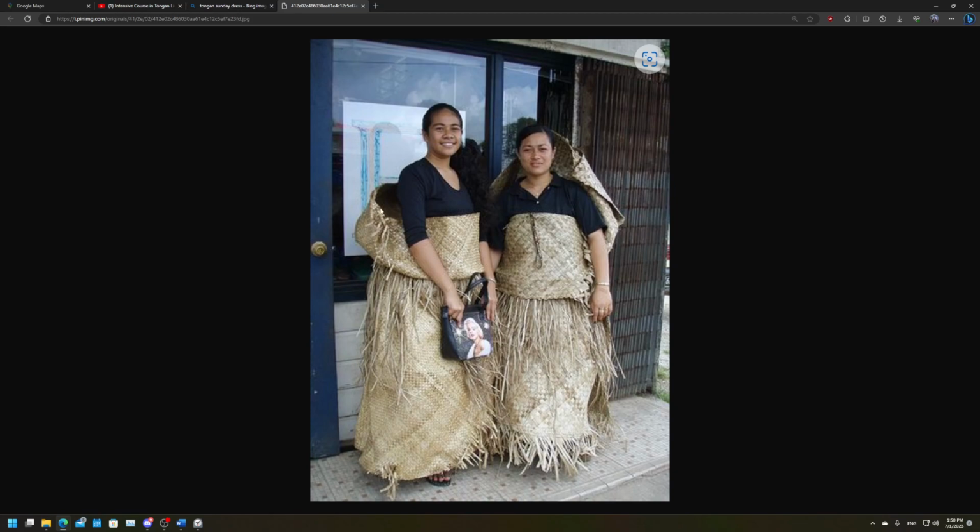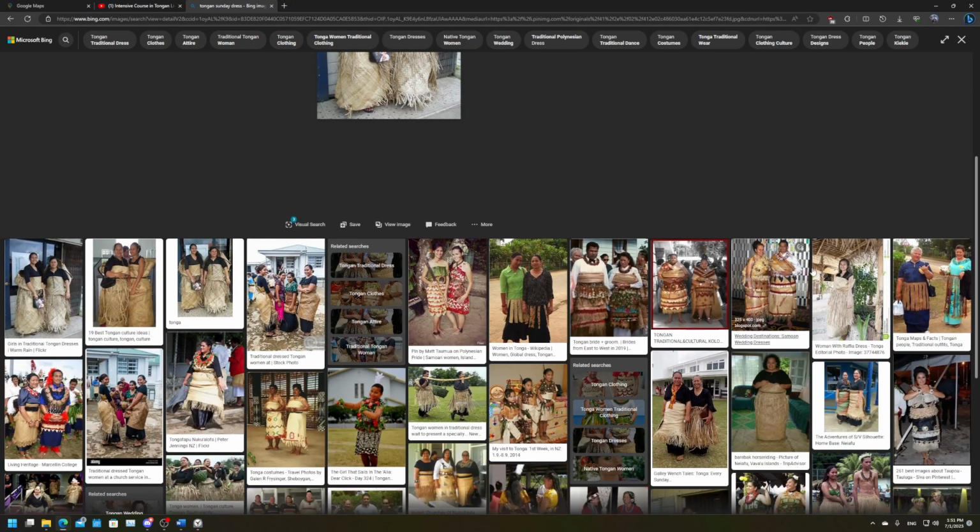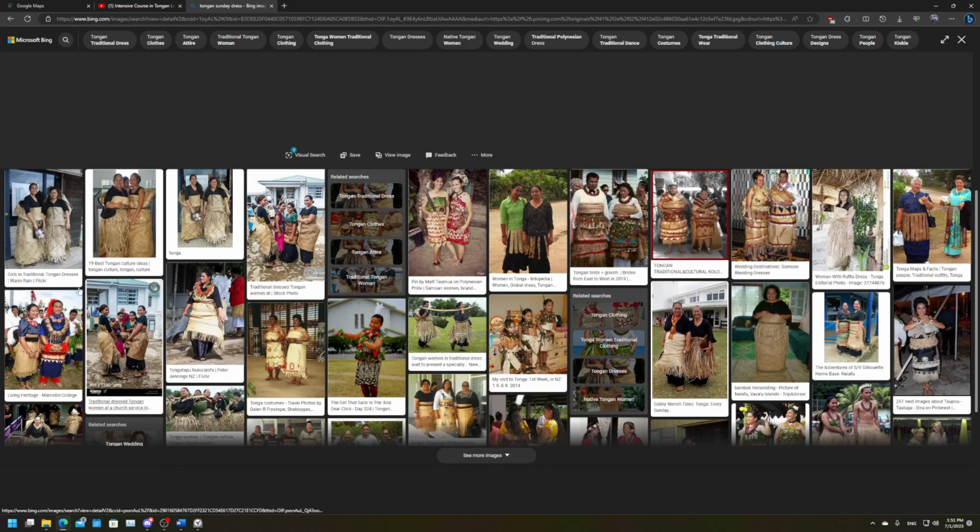The closer you are to the deceased, the more torn and frayed your tavala should be. So that's some Tongan culture. You can see a lot of different pictures of people wearing these big ones, and everything else you're wearing should be black as well, which is a carryover from Western culture, I guess.